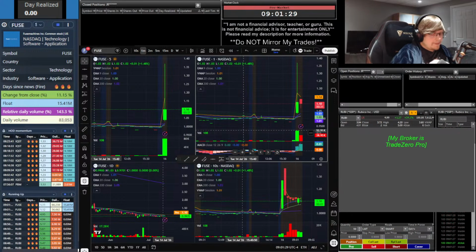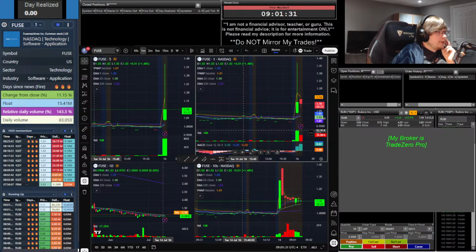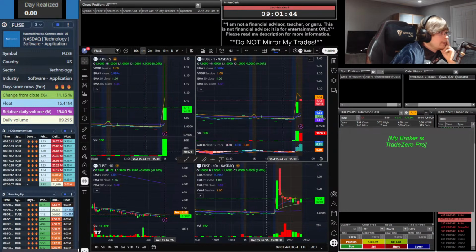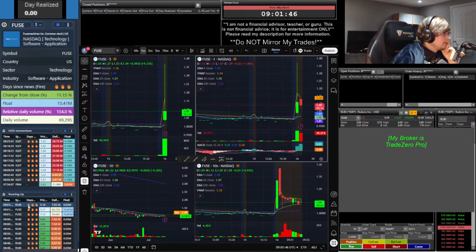This is a combination of a stock that's too low price and has too high of a float for me to really be interested in it. It's also up only 10% of the day. Has a huge topping tail. I'm good on this one. We're gonna pass.